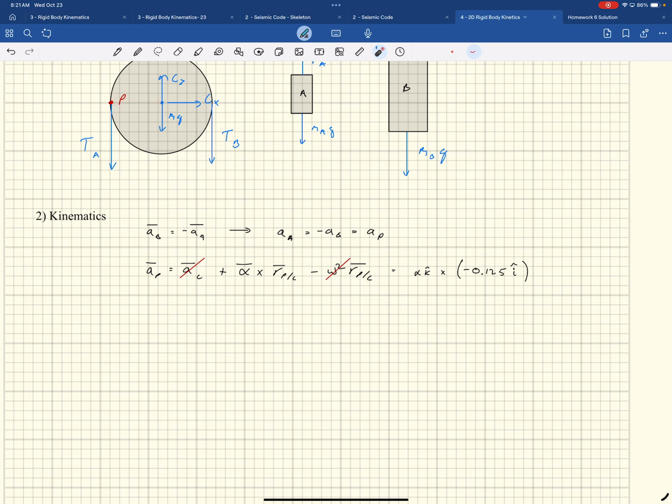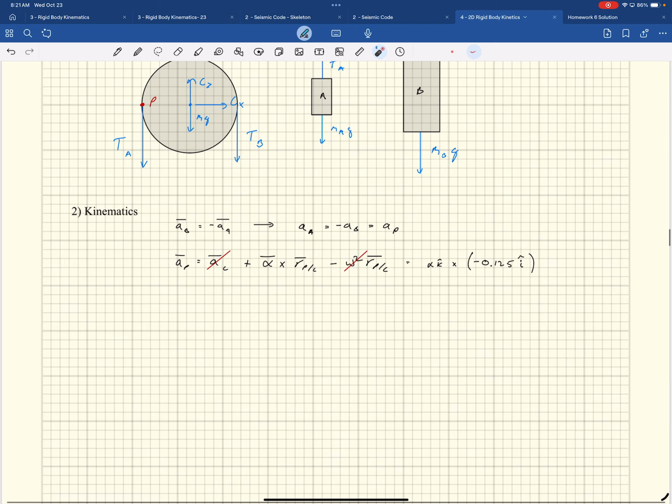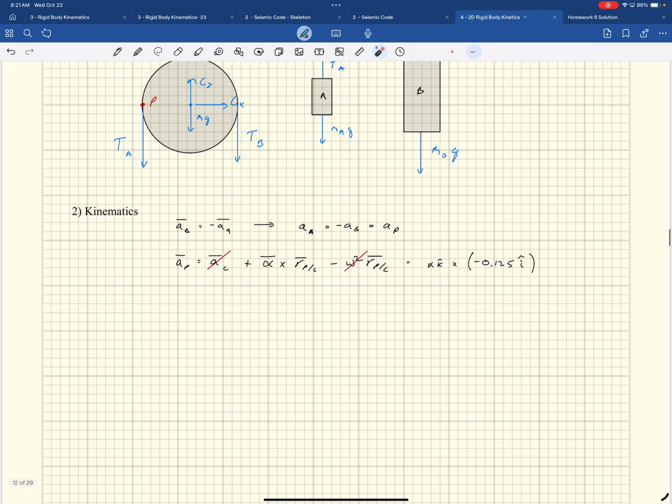So that's negative 0.125. And then again, we always just assume that alpha is in the positive direction. If it turns out negative, then it's negative. Okay? And so, if you carry that out, we get negative 0.125 alpha in the J direction.